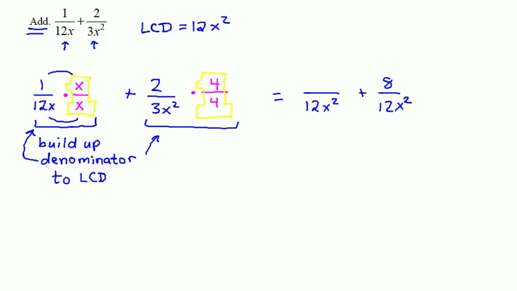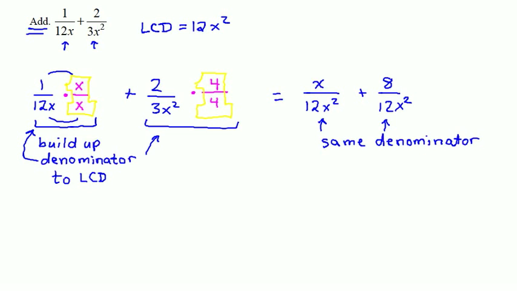Sometimes people get a little bit too used to canceling common factors and they come through and reduce these, but they have what we want right now, which is the same denominator. So this is now a problem that we can proceed with in the same way that we handle a like denominators addition or subtraction problem.